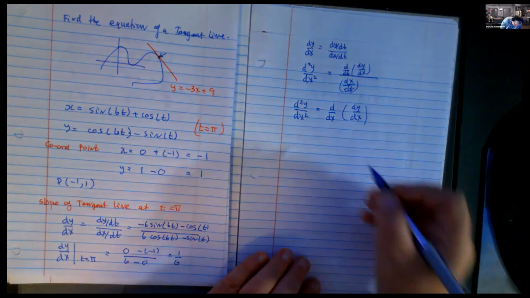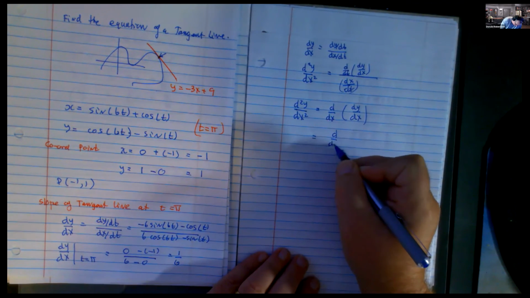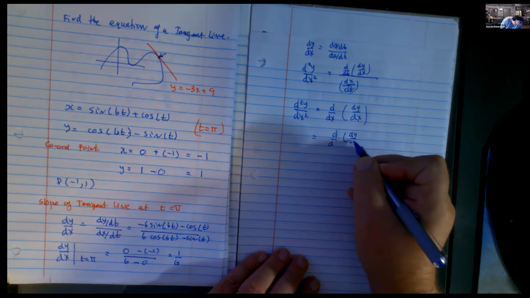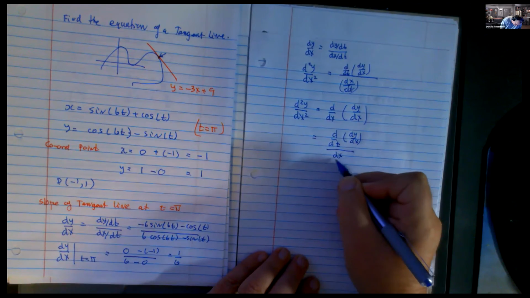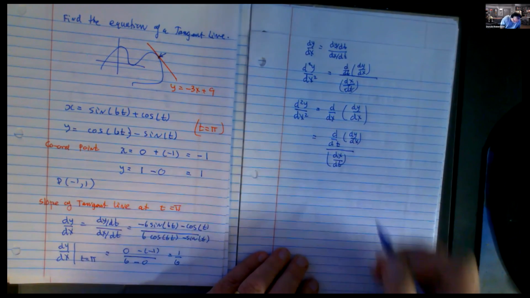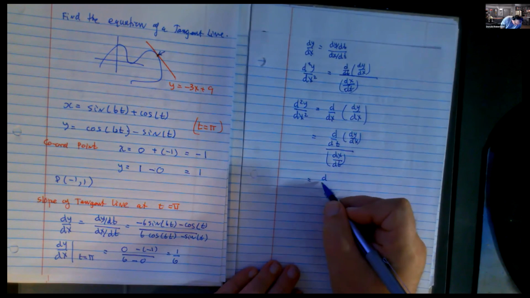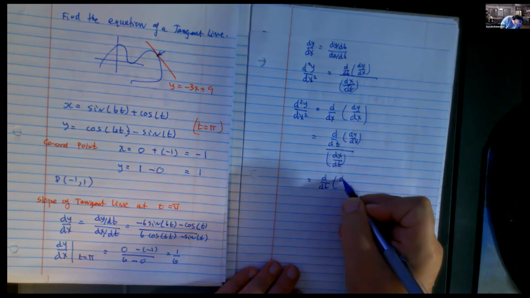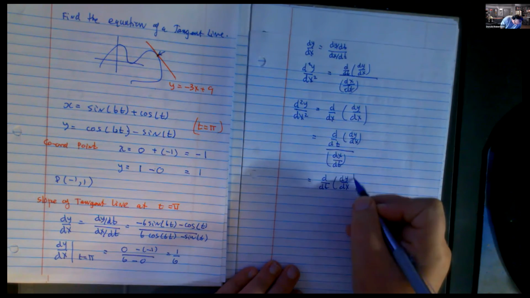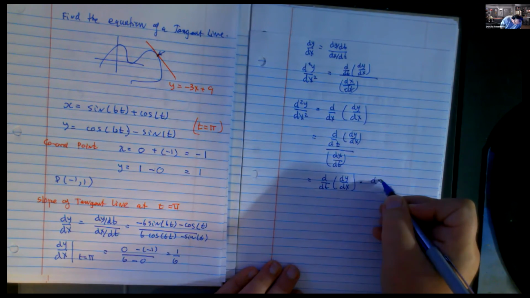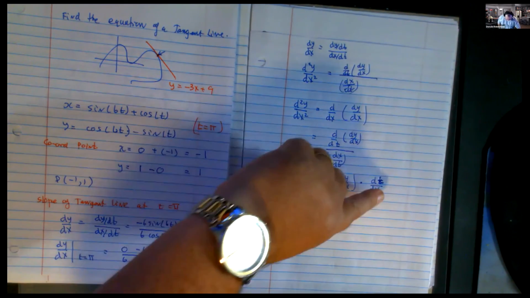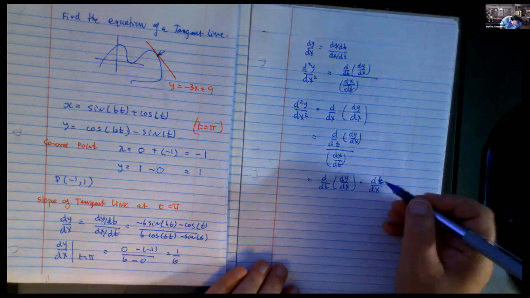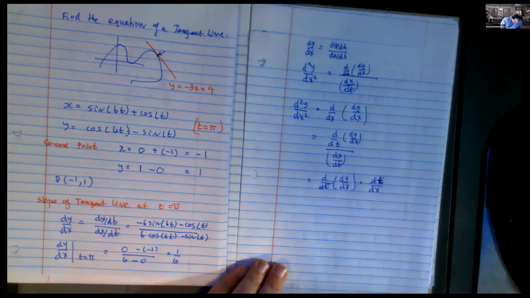Now, if you take this and you differentiate with respect to t, and then on the bottom you do dx by dt, I want you to think of differentials in the same way that you think of fractions. This in the bottom, if you bring it up top, is dt by dx. Do you see these cancelling out and shifting this over?